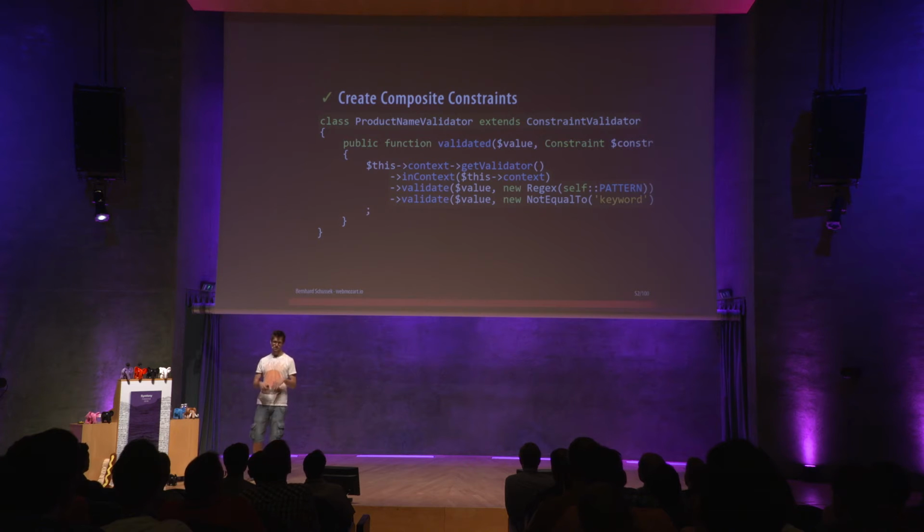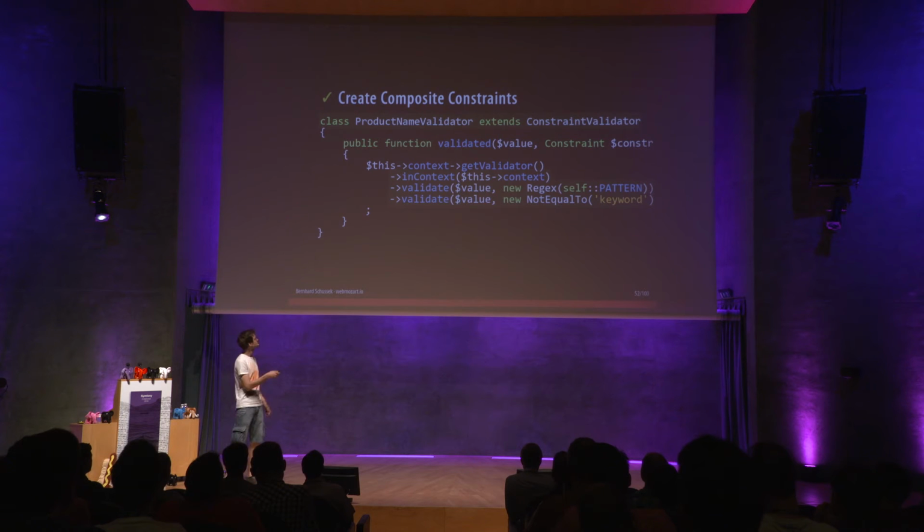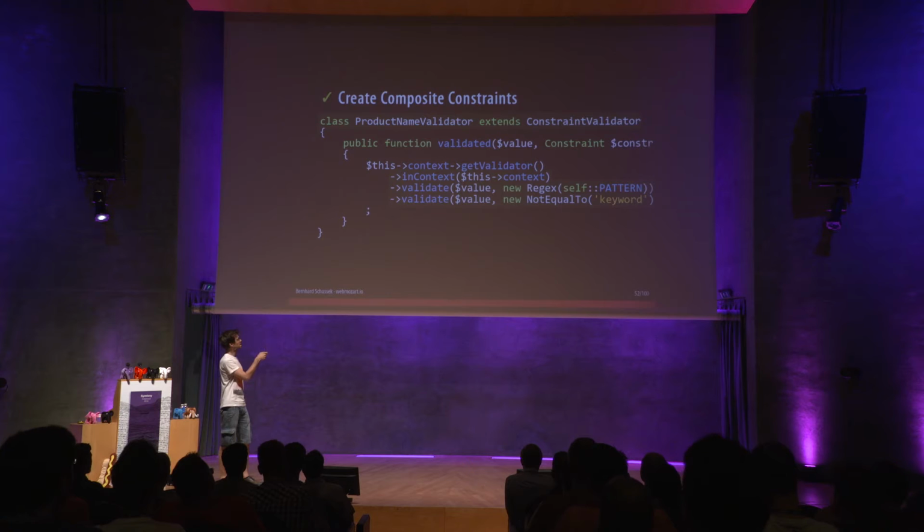You can also create composite constraints. So if you want to create a domain-specific constraint that does not just invoke one constraint, but multiple, then you can compose them. So let's assume that the product name validator should validate that the product name matches a regex, but it's not equal to certain keywords for some reason.